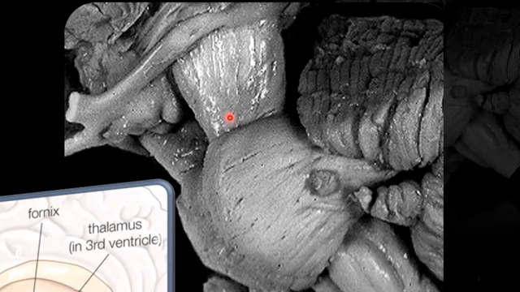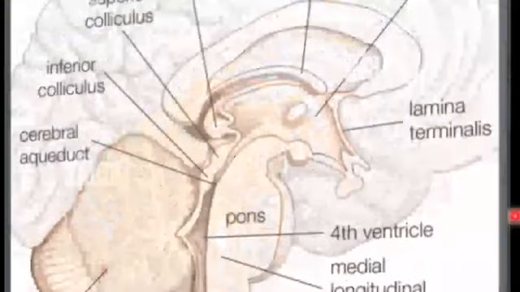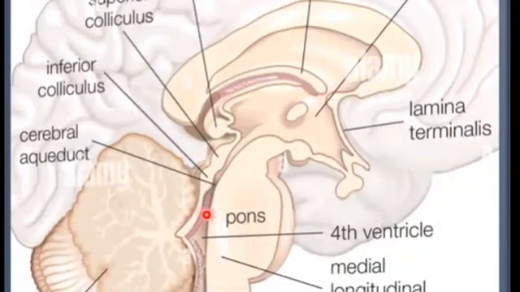We're going to use our next image to have a good look at the cerebral aqueduct. Here is the sagittal section of the brain, and this part is the midbrain.